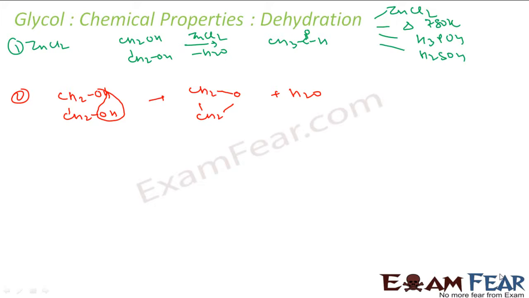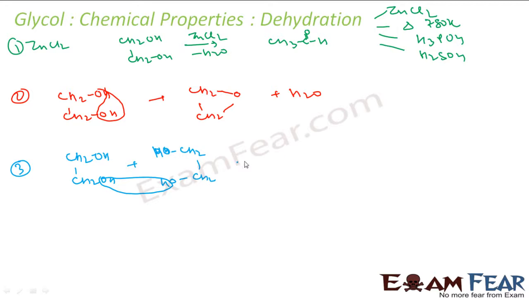So let's see the third one, that is H3PO4. So I have CH2OH, CH2OH, one more CH2OH, we get OH like this. Yeah. Now what happens is, this is removed.